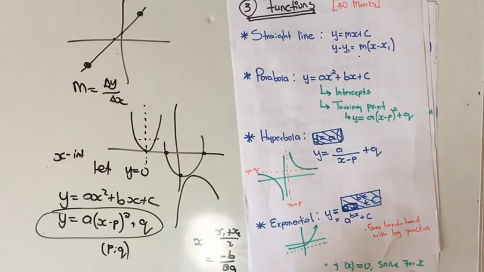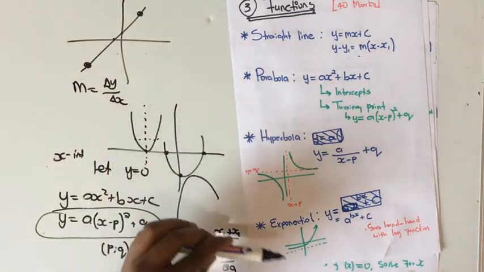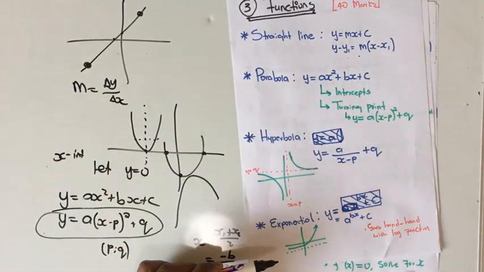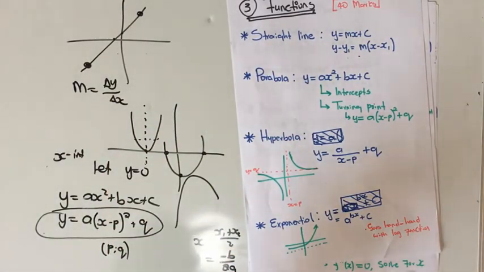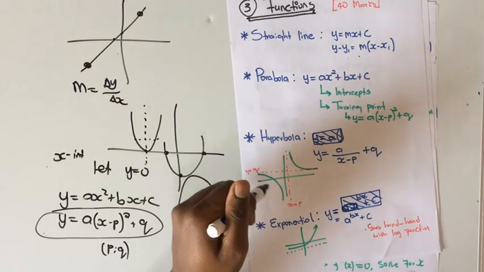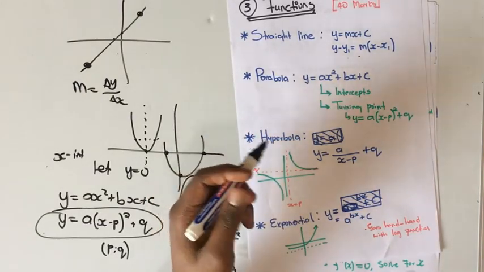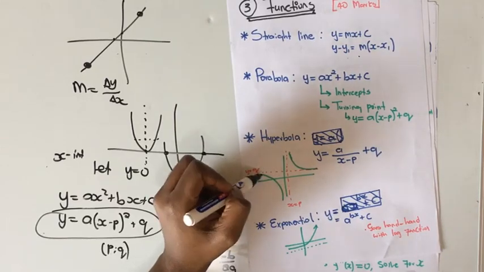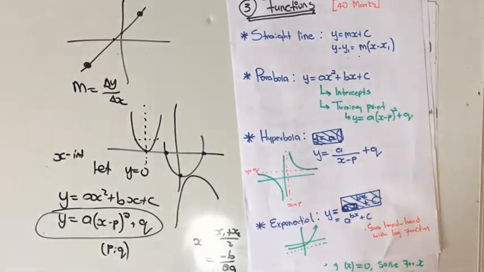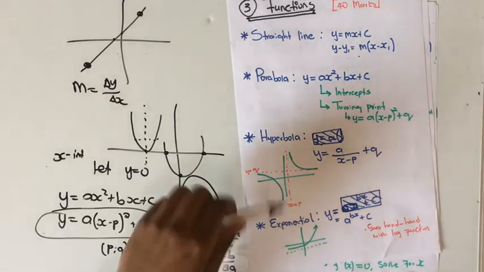Okay, so we also have other functions such as hyperbola and exponential. So hyperbola is known to have asymptotes, and as with the other functions, you are still expected to know how to find the x and y intercepts so that they can help you to plot it. But there are also the asymptotes. Those are basically the imaginary lines which the function does not cross.